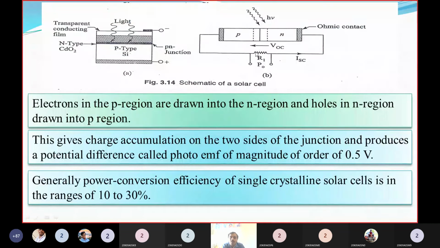How do we vary the current or the voltage inside the circuit? By using different resistors, we can vary the voltage as well as the current.